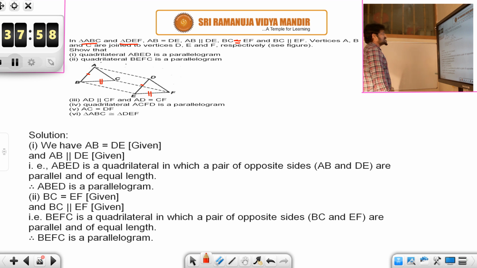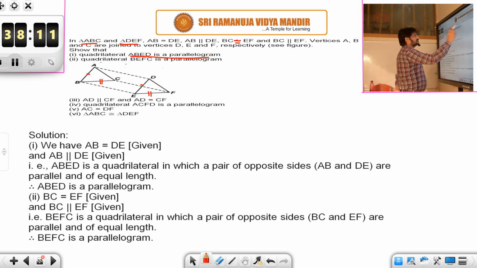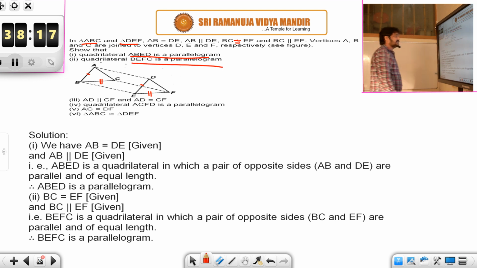Now, vertex A is joined to D, C is joined to F and B is joined to E. You are asked to prove that ABED is a parallelogram and similarly BCFE is a parallelogram. Vertices are taken in order.